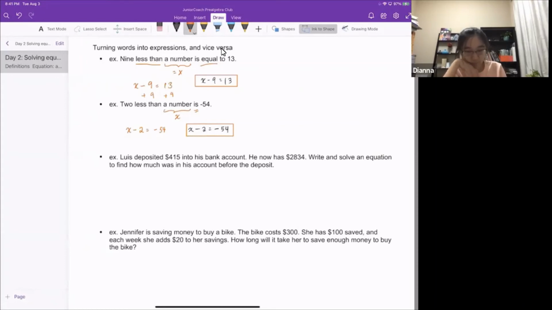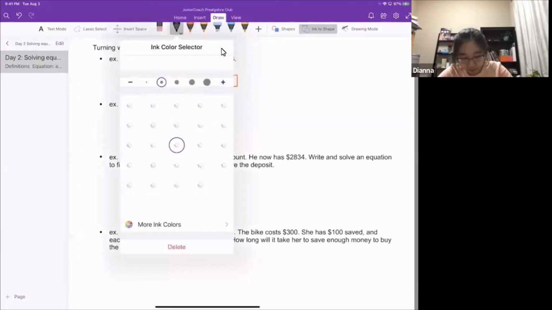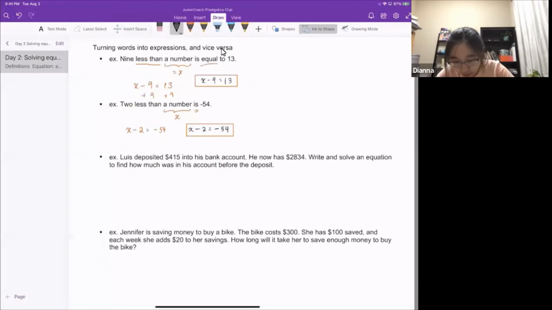Okay. So that's how you would translate words into expressions or equations. So if I said something like, if I had something like 4 greater than, rather than less than this time, greater than a number is 10, I'm making something up, but 4 greater than a number is 10.